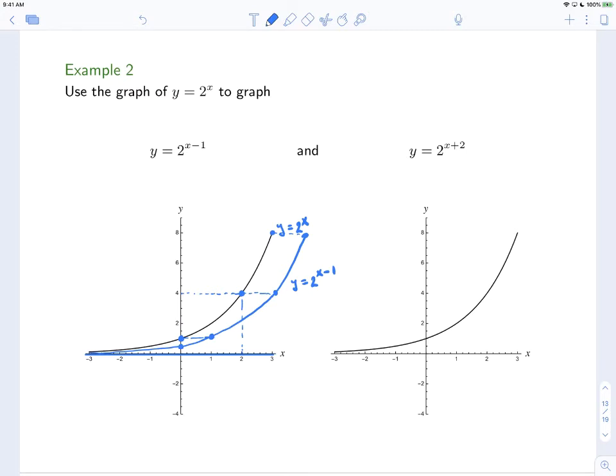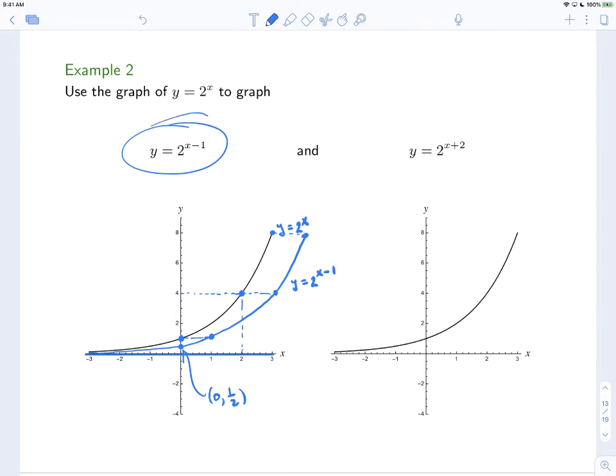Notice this y-intercept here. We actually can figure out what that is. y equals 2 to the x minus 1. Of course, if you plug in x equals 0, that's just going to give you 2 to the negative 1. So this y-intercept right here, this is happening when x is equal to 0 and y is equal to 1/2.